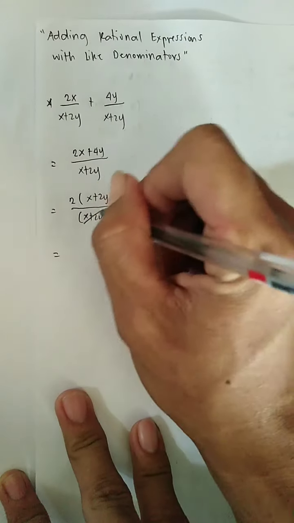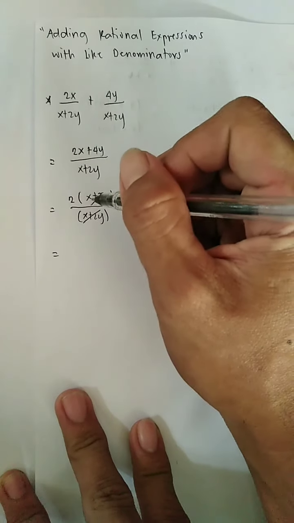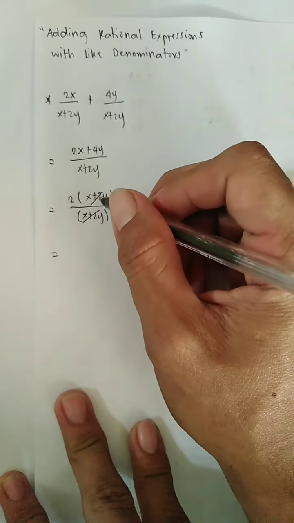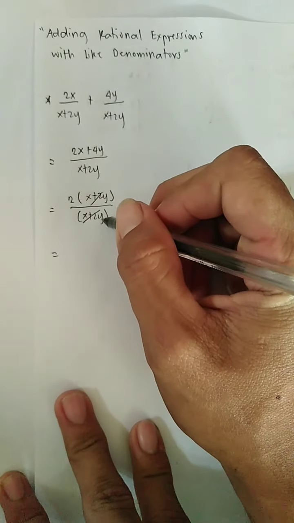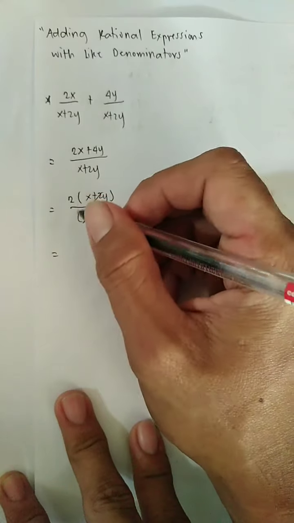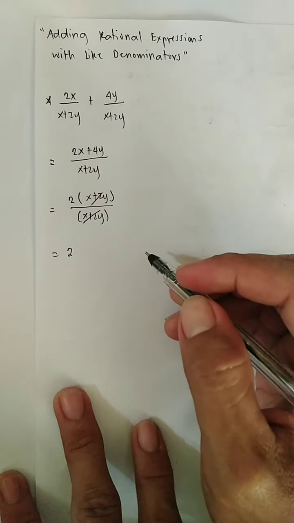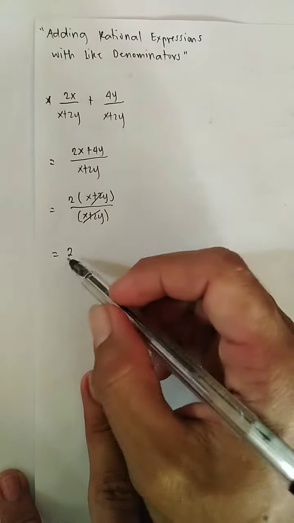Since we already cancelled x plus 2y in the numerator and denominator, the remaining term, the resulting expression, will be 2.